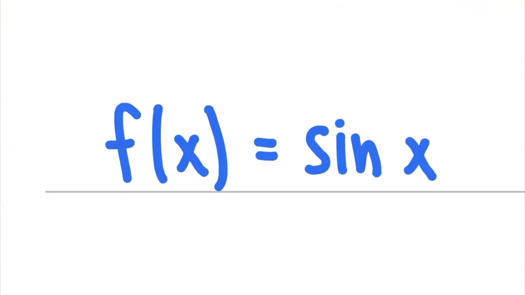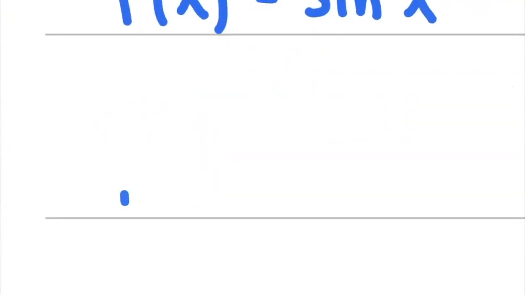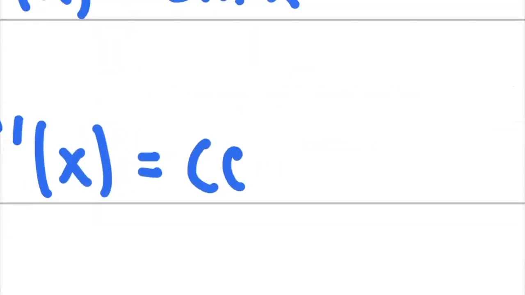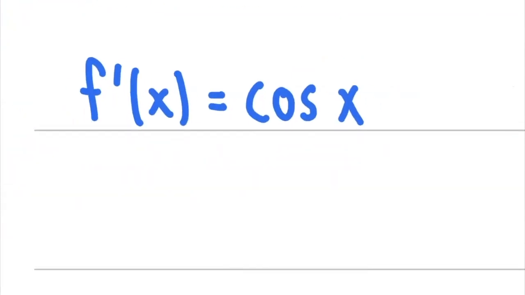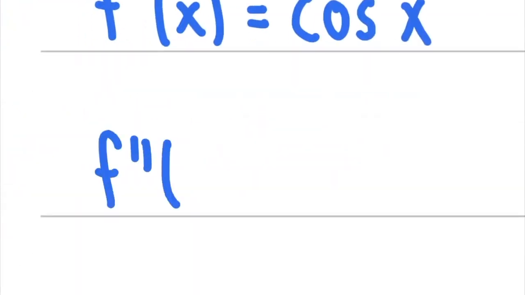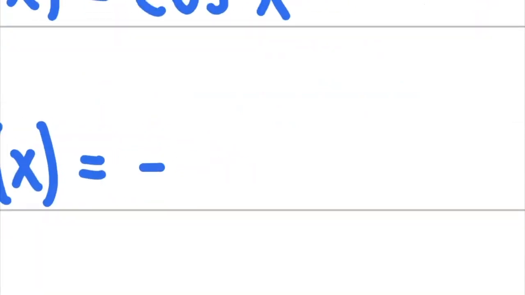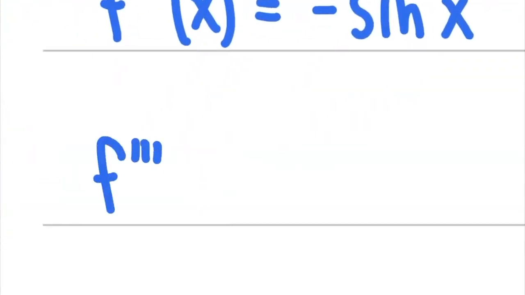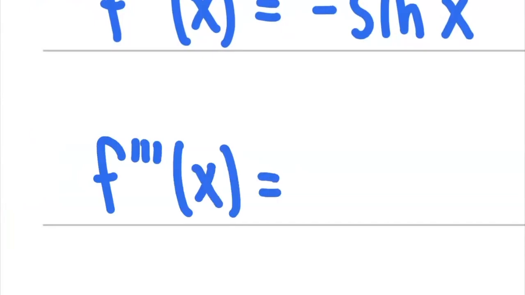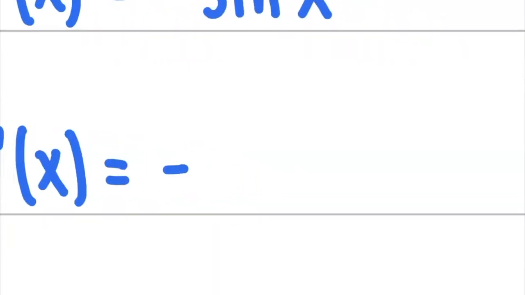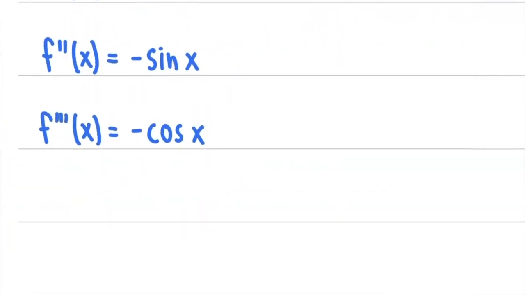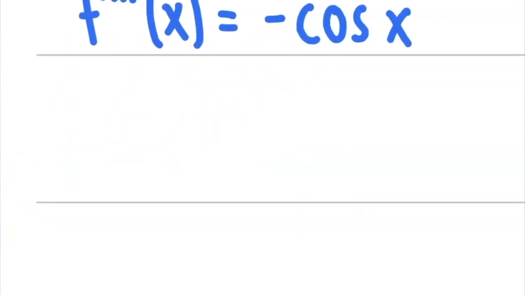All right. And then f prime of x, the derivative of sine is cosine of x. F double prime of x equals negative sine x. F triple prime of x equals negative cosine x. I'll do 3 more, I think, because we're going to need a couple for this.